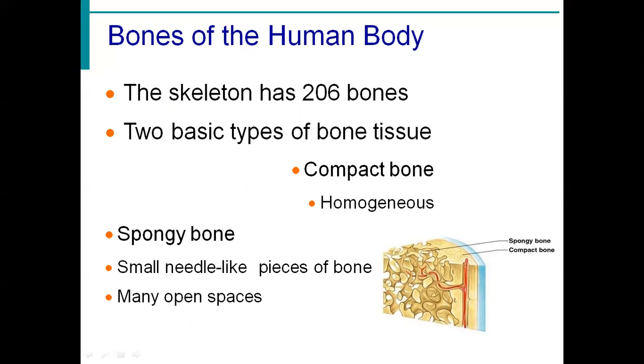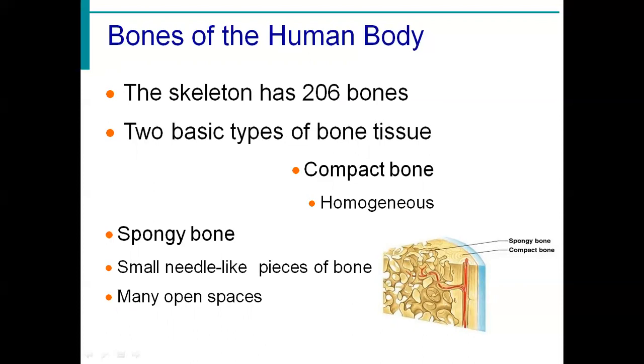The construction of bone: on the basis of components and histological pattern, we can divide bone tissue into two types, compact bone and spongy bone. Compact means this is homogeneous.